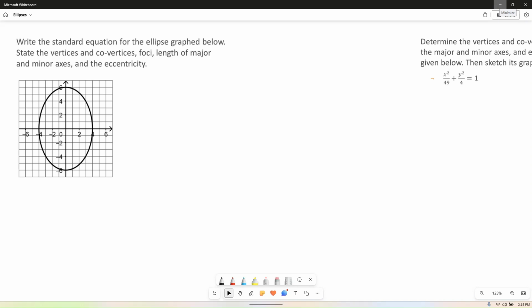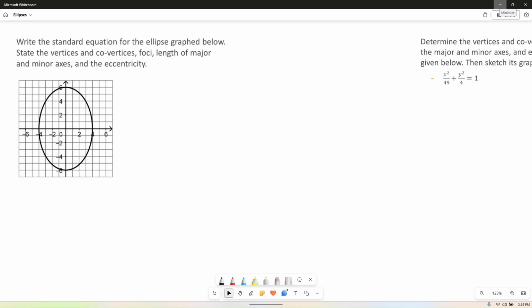With this first example, again, we're given the graph, so we want to list out all the characteristics and write the equation. The two things we should observe about this graph right off the bat: first, it is in fact centered at the origin. The x and y axes meet right at the center of this ellipse.